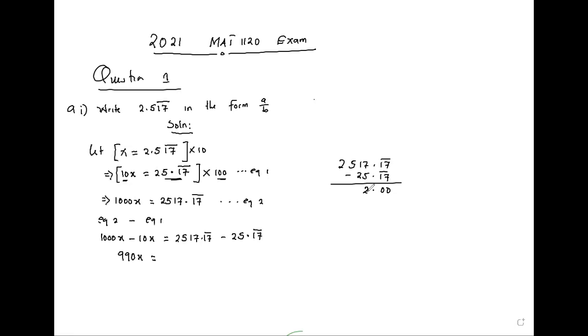And then from there, we borrow, we have to do 11 minus 2, that's 9, and then 4, and then 2. So we get 2492, and then divide by 990. So x is equal to 2492 divided by 990.